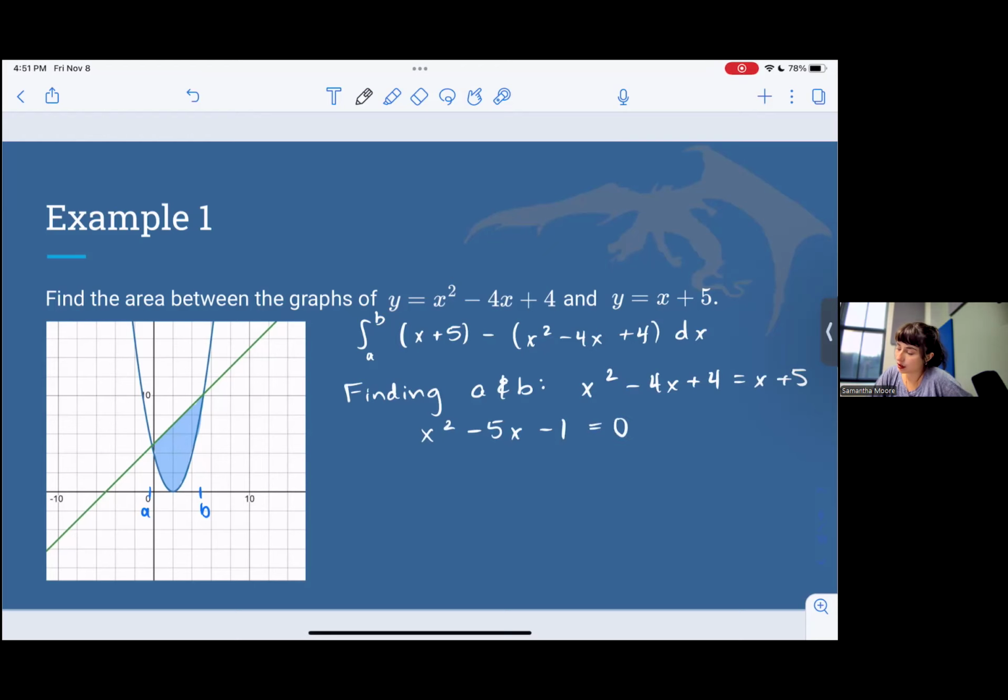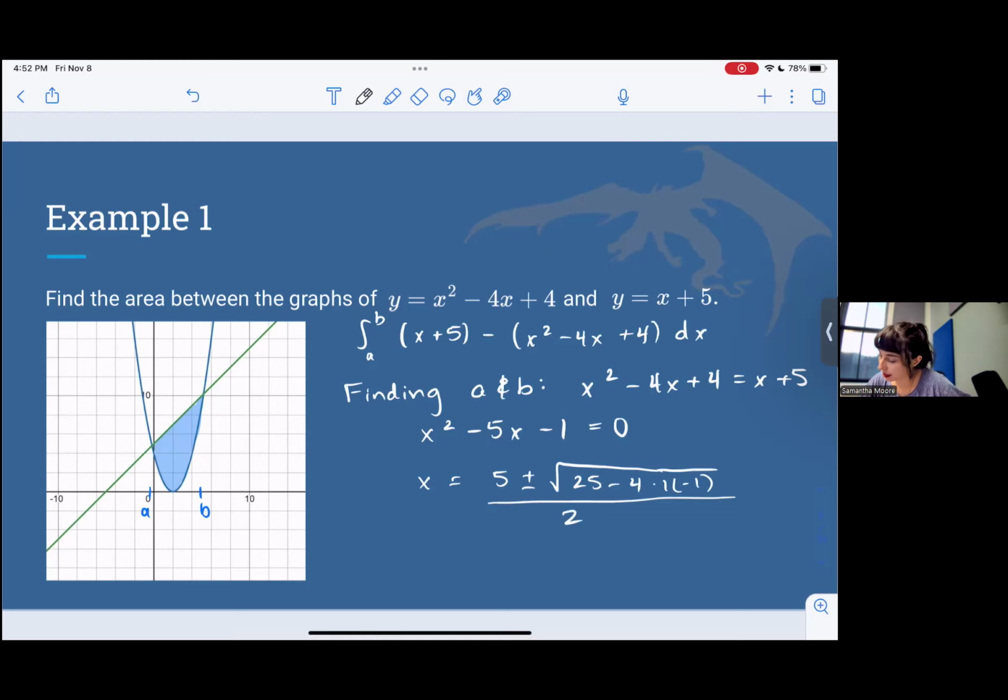And you can try to factor this. I'm not seeing a nice factorization, so to me that says it's probably a quadratic formula question. So x is going to be equal to the opposite of b, so 5, plus or minus the square root of b squared minus 4ac, 4 times 1 times negative 1, all over 2a.